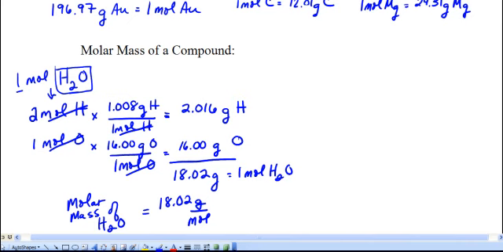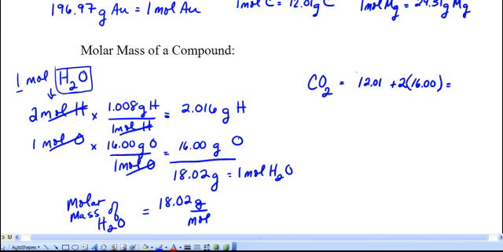All right? Now, typically, we don't go through all of these conversions and calculations to get the molar mass. Typically, this is all we do. If we give you something like carbon dioxide, CO2, rather than writing out all of these conversions, we simply say that the molar mass of carbon is 12.01 grams per mole. The oxygen is 16 grams per mole, but you have two of those in the compound.